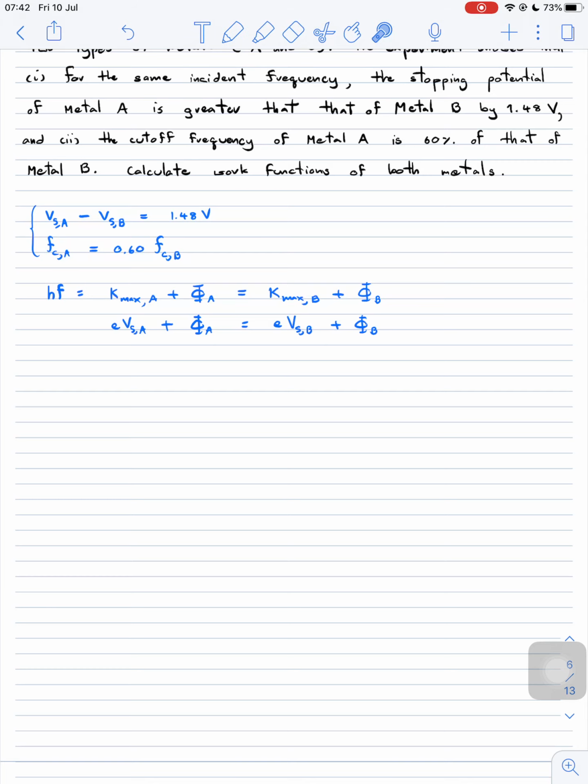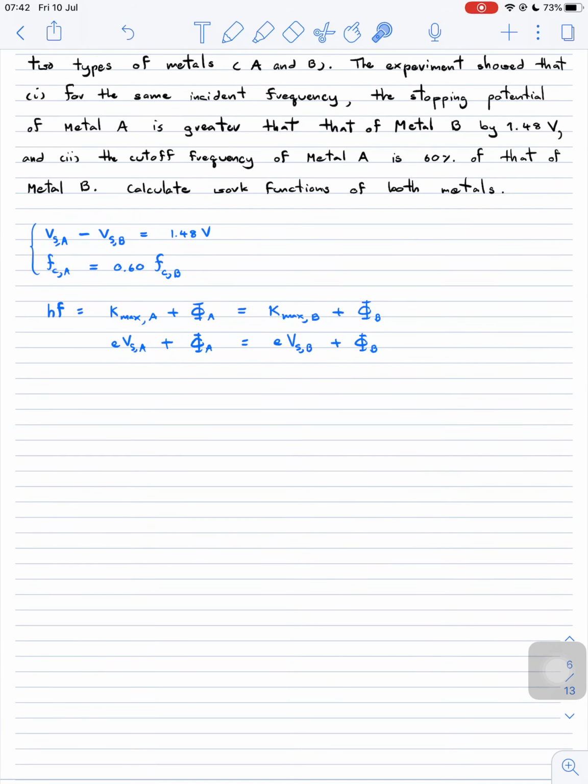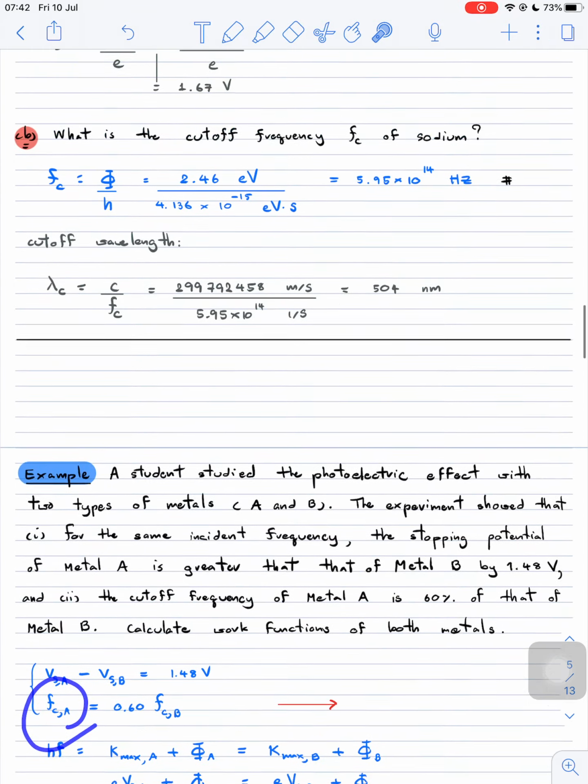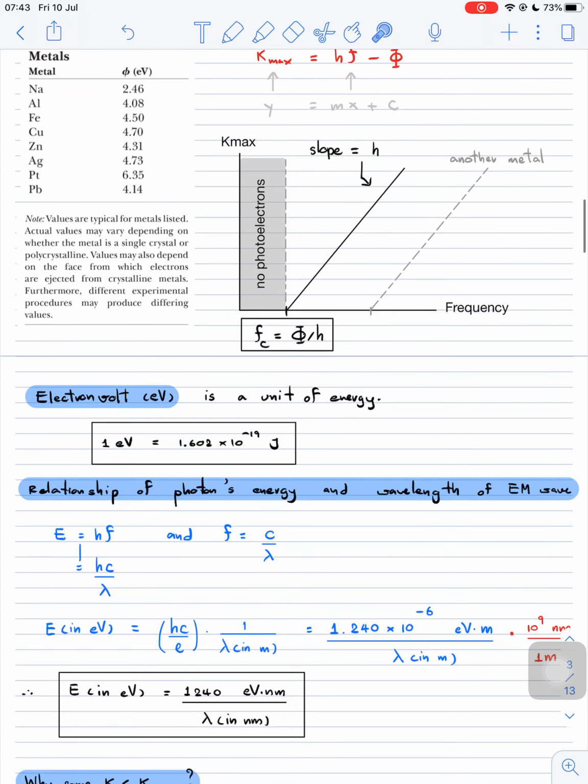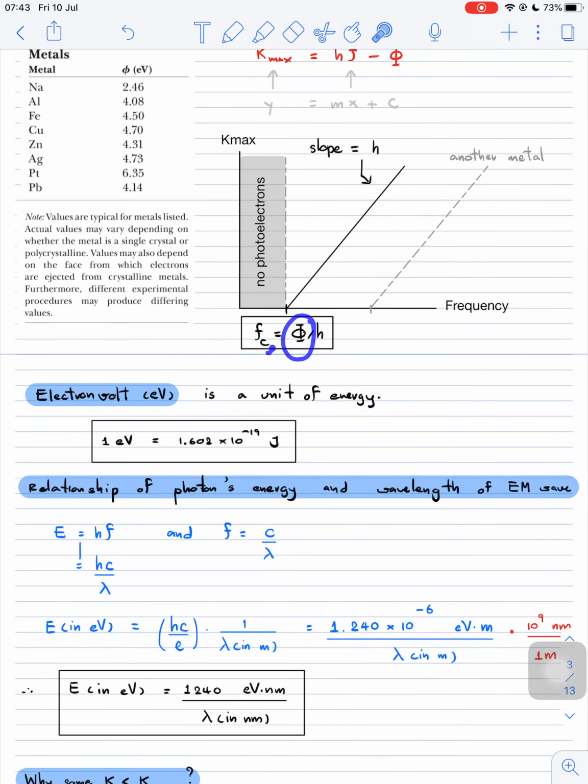Okay, and also we can link this work function to the frequency as well. Let me write down here. We can get that the work function equals h times the frequency.